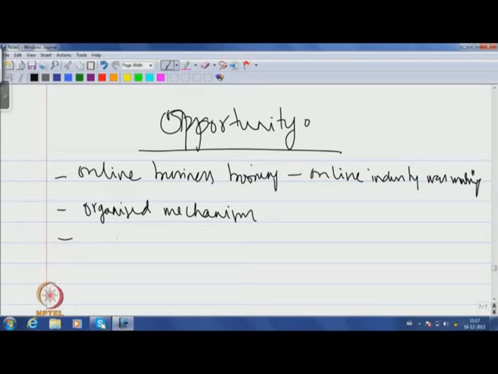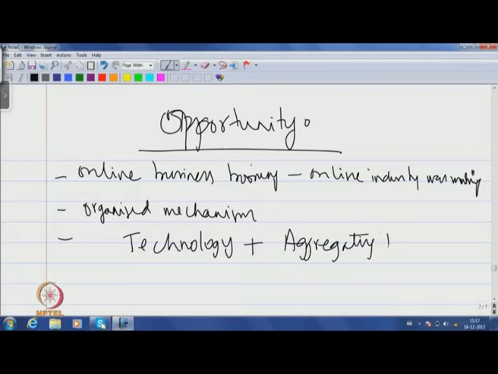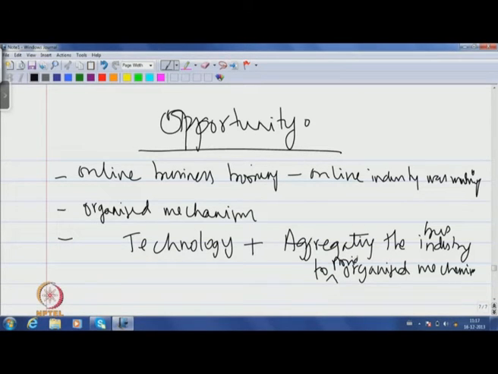That is, they felt that they could do this by using technology and aggregating the bus transportation industry to provide an organized mechanism.